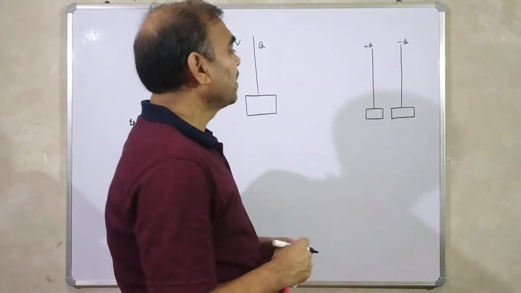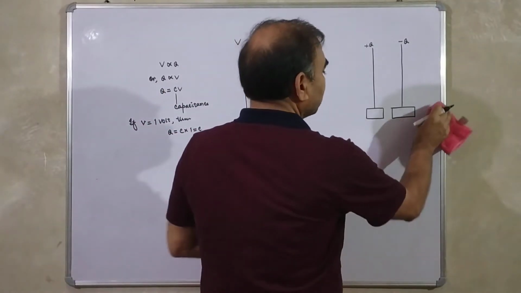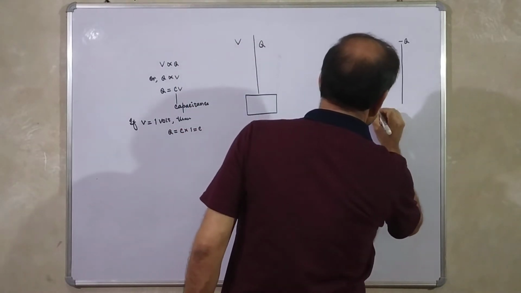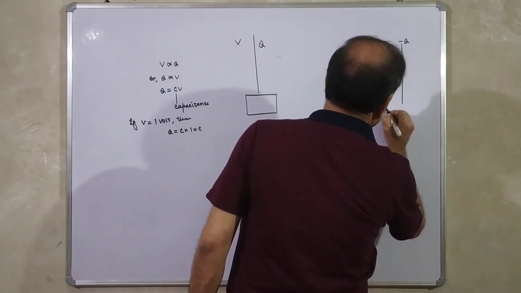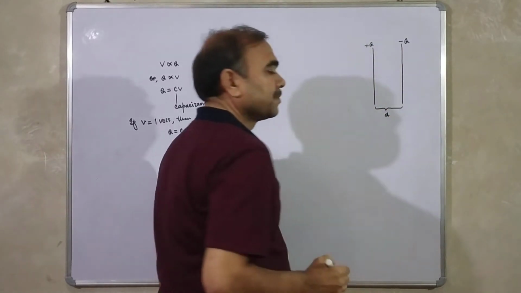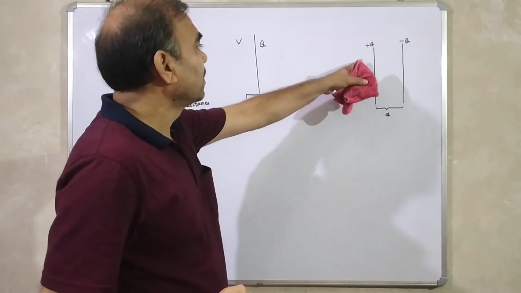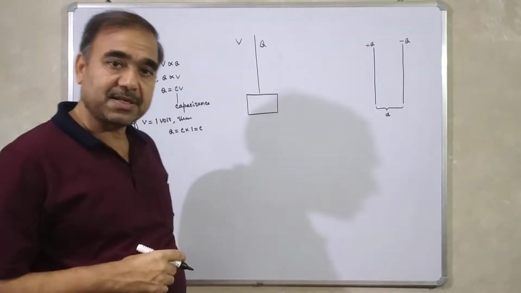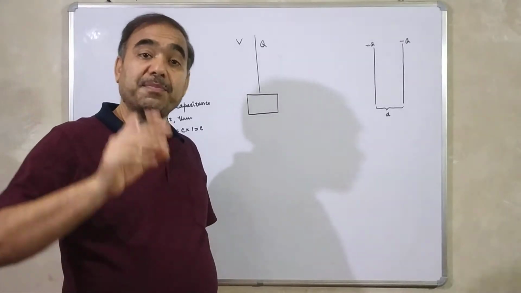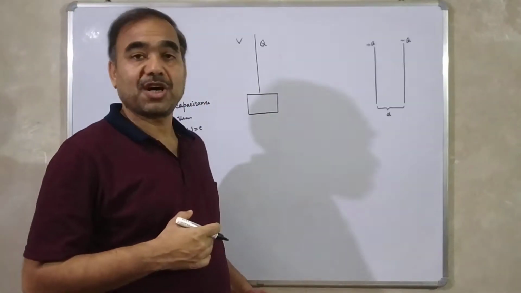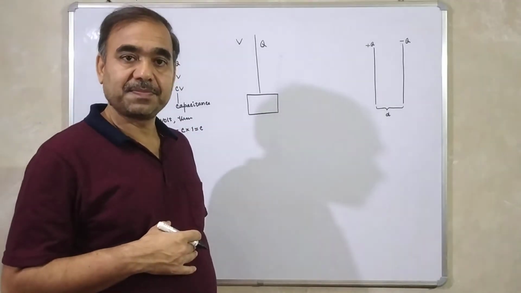Now see here, there is some separation. Now the insulating stand, I am rubbing here. Now the separation between the conductors, that is suppose D. Now if we say the charge on the capacitor, then you have to say only the positive charge, means Q is the charge of the capacitor.